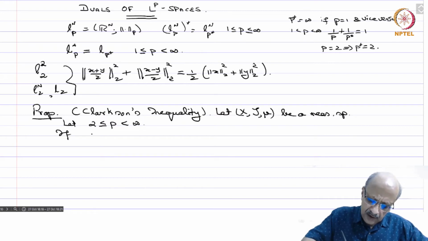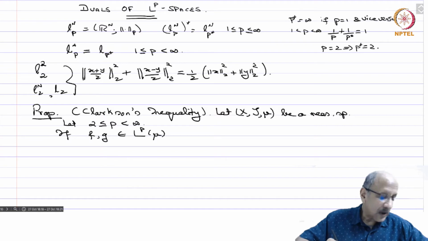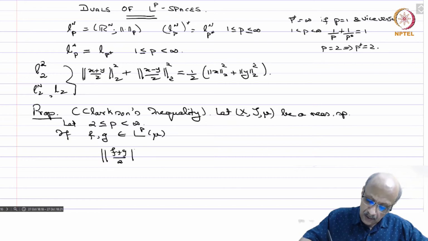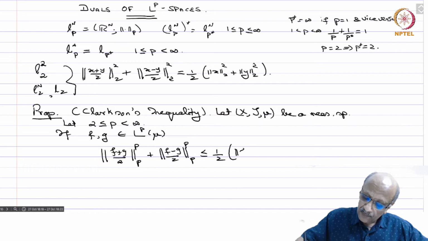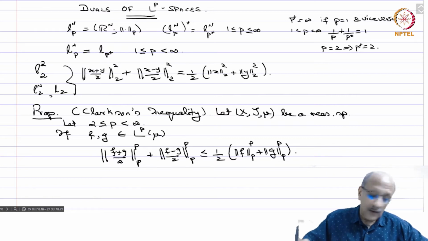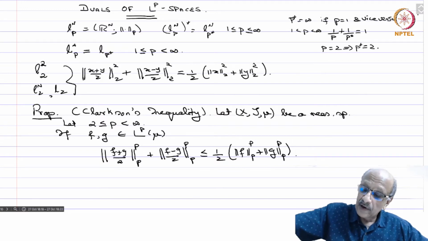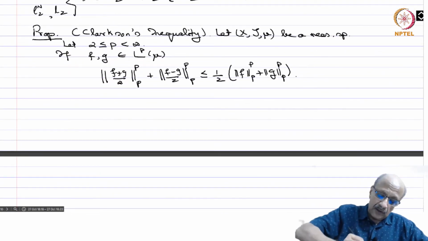So if f, g belong to LP of mu, then you have norm of (f plus g)/2 in LP to the power P plus norm of (f minus g)/2 in LP whole to the power of P is less than or equal to 1/2 of (norm f to the P plus norm g to the P). Okay, so this is Clarkson's inequality, which generalizes the parallelogram law which we wrote earlier.